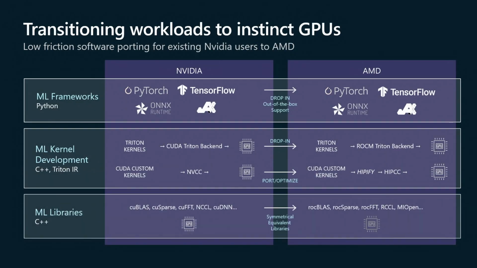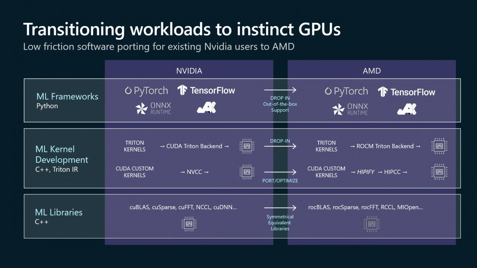So let's talk about transitioning workloads. As I mentioned, in the ML framework stack, it's drop-in. So JAX, PyTorch, TensorFlow, ONNX Runtime, that will just work on AMD. If you're a little bit more sophisticated and you do your own kernel development, which is the microcode that runs on GPUs, if you're doing that in something called Triton, which is a very new language from OpenAI, that will also just work.